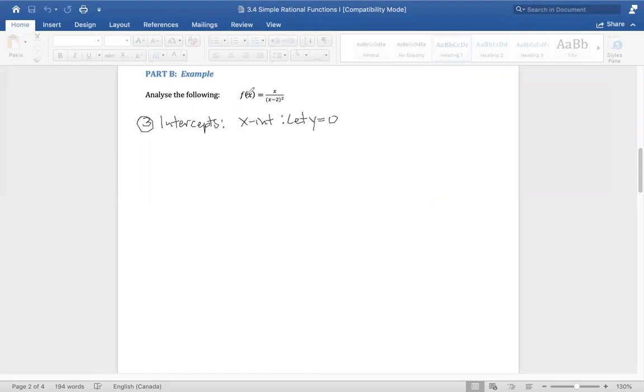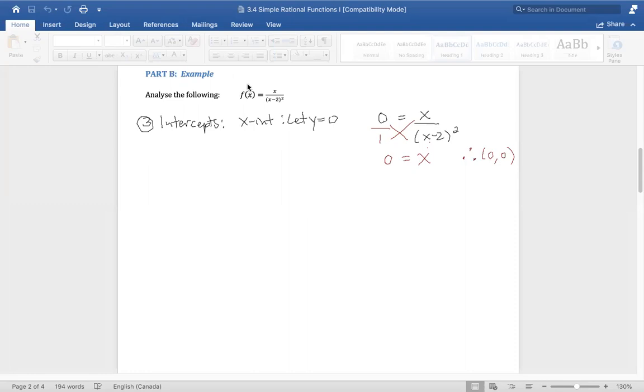So let 0 equal the right-hand side, x over (x minus 2) squared. If you cross multiply, you end up with 0 times the denominator, which is just 0, equaling x. Well, that was easy, right? So if y is 0, x is 0. Therefore I have the point (0, 0), so my x-intercept is 0.